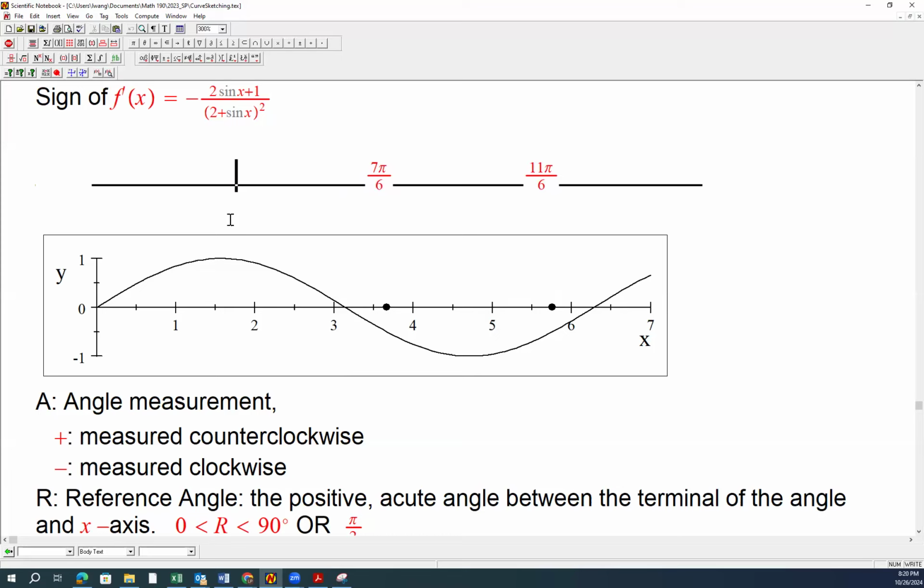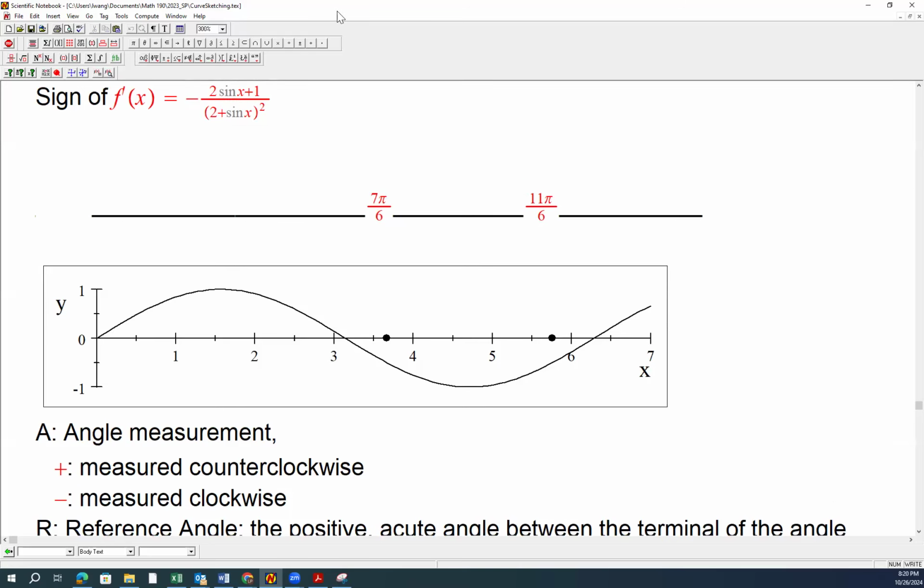Now how do we determine the sign for this piece? We're going to use the basic sine function to determine that. We have 2 points here, but how did we get these 2 points? We got them by setting 2 times sine x plus 1 equal to 0.